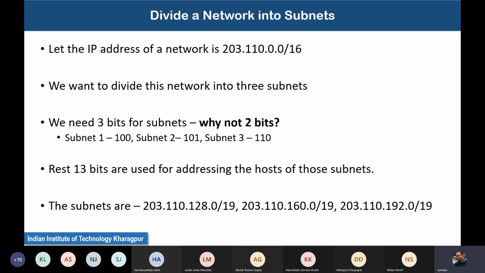Whenever you subscribe to their internet, they will provide a block of IP addresses to you. You will mention how many IP addresses you need for your organization, and they will provide you that block of IP addresses. Now, you have to divide that block of IP addresses into multiple subnets based on your requirement and assign a block of IP addresses, or a subnet, to the different sub-organizations that you are forming.